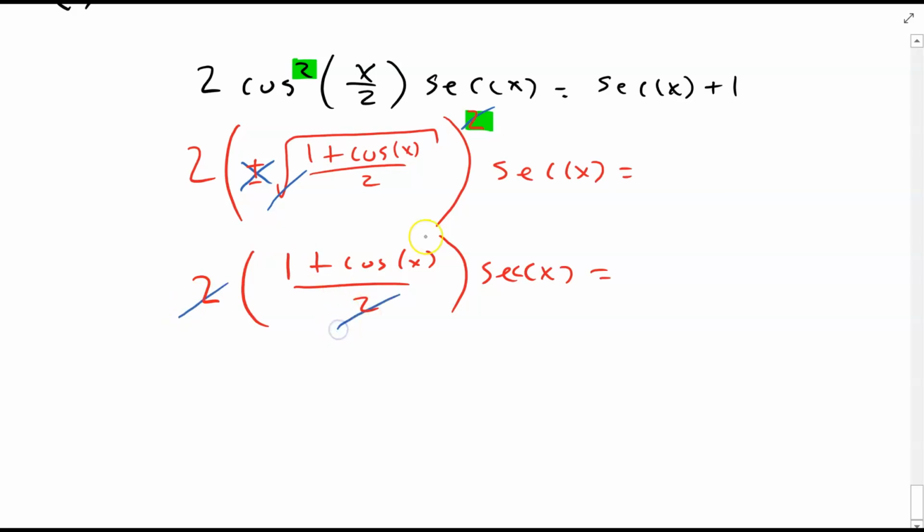So Megan says let's cancel those 2's. So that's going to be 1 plus cosine times secant. Okay, that looks pretty good so far. Certainly we've gotten a lot simpler, right? What do you want to do next?